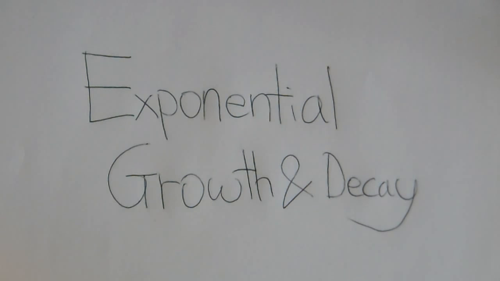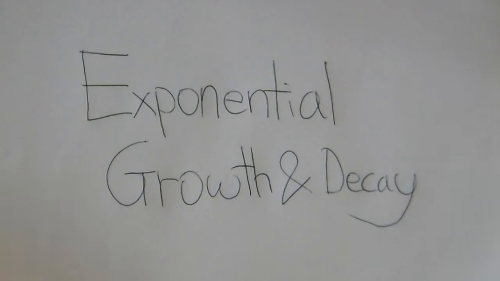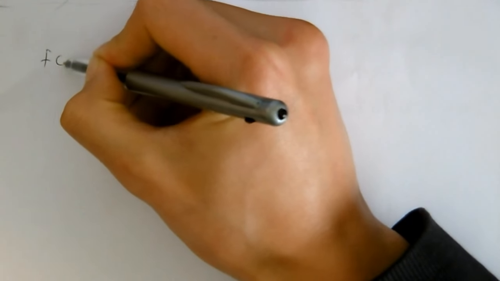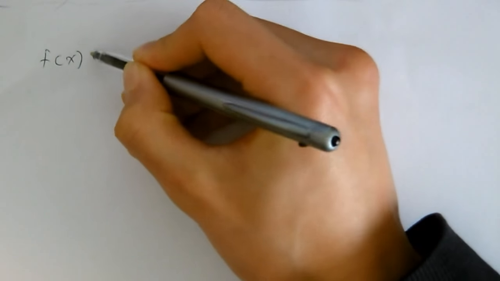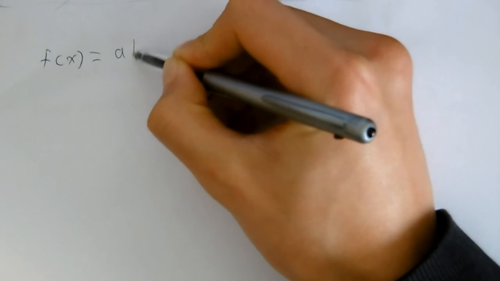Today I'm going to talk about exponential growth and decay. An exponential function has the form f of x is equal to a times b raised to x.